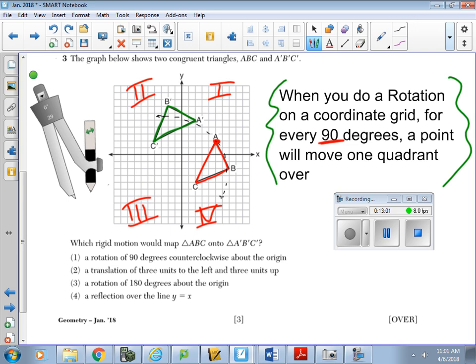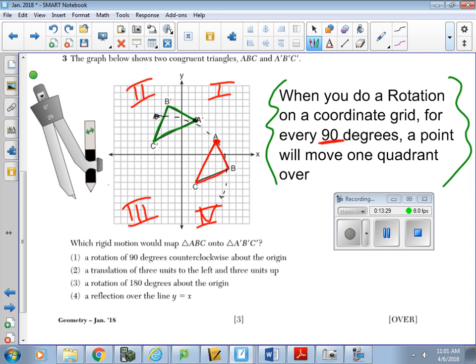Either way, if you notice, our A prime is still in the first quadrant. So there's no way that this shape, ABC, was rotated 90 degrees counterclockwise. If it had been, it would have ended up in the second quadrant, somewhere over there. Even if you don't know exactly where it would end up, just remember 90 degrees means 1 quadrant over.